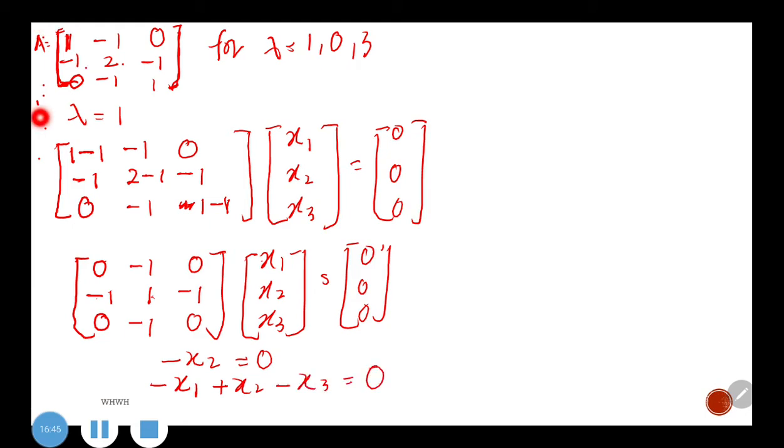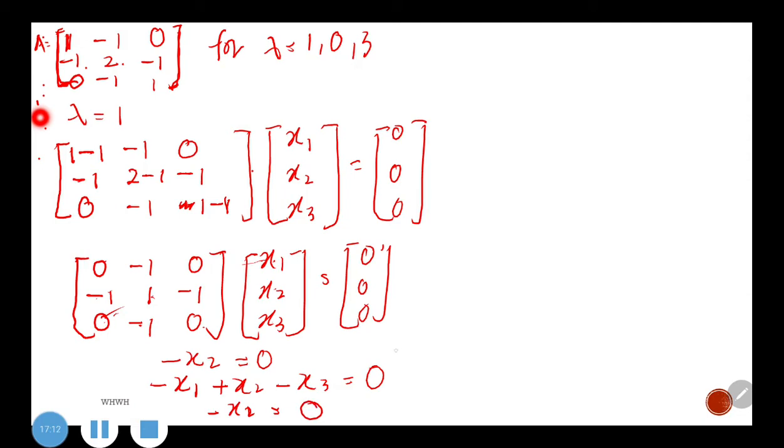Betul tak? Right? And then we will have, again, the third row pun sama. x1 times 0 minus x2 times 1 is minus x2. Yang ni darab dengan ni, kosong darab dengan x1, kosong. Minus 1 darab dengan x2 is minus x2. And then 0 darab dengan x3 will be 0 equals to 0.